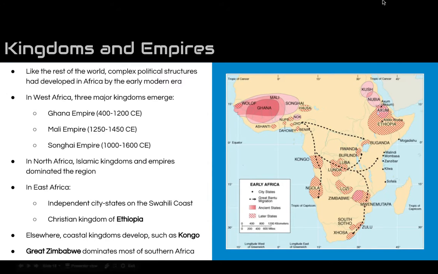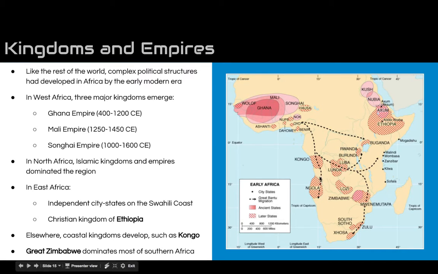There's also a kingdom, as you see here on the map, in East Africa known as Ethiopia, which is kind of an island of Christianity in East Africa, and it will remain an empire for a long time and kind of remains independent for a great while. In fact, it's one of two places in Africa that is not colonized in the 1800s by Europeans.